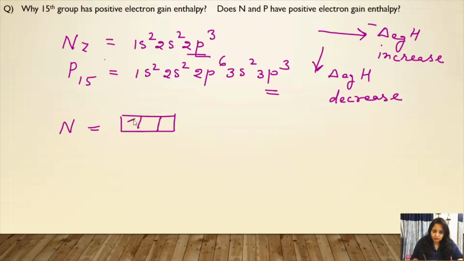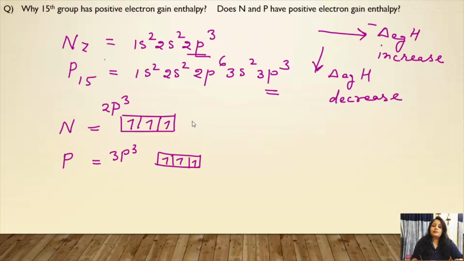So, we can say 2p3 for nitrogen. This will be the condition, and same here for phosphorus it is 3p3. Let's see what will be the picture here, like this, here, here and here.